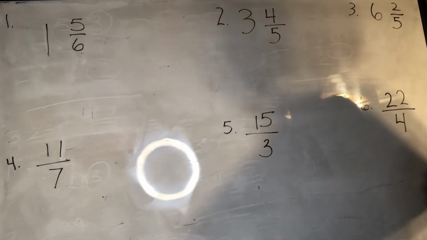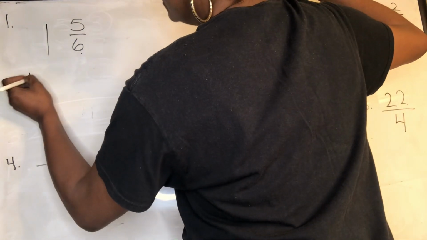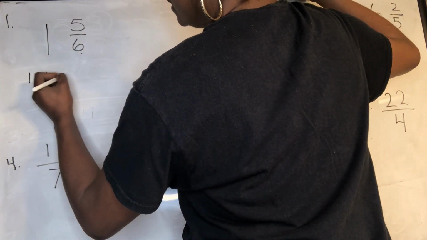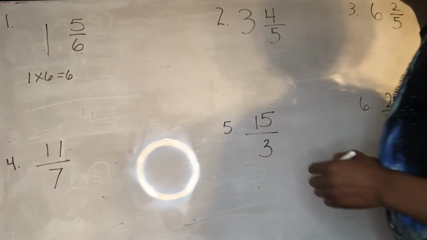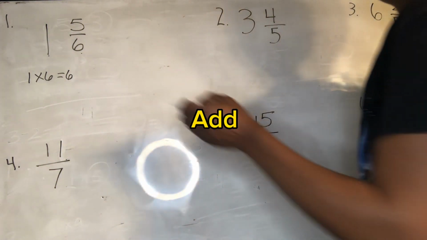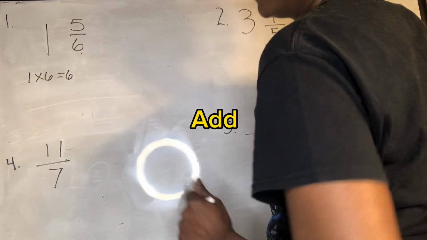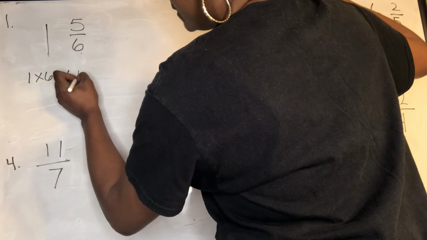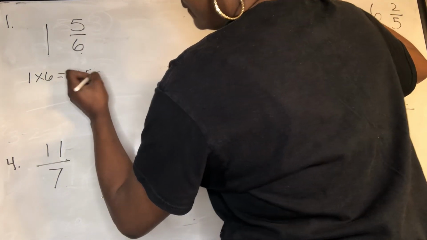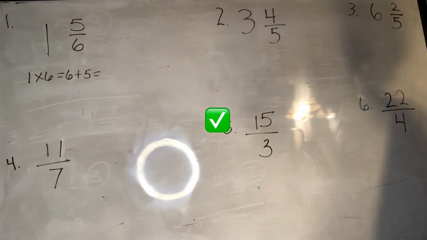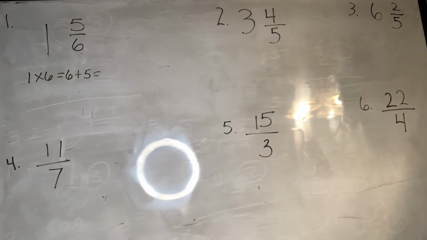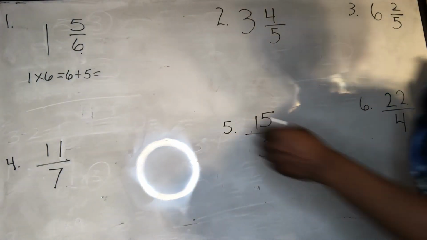Now, that's going to be 1 times 6, which is 6. Then we are going to add our numerator. So now we have 6 plus 5. So if we're at 6, we're going to count up 5. 7, 8, 9, 10, 11. So we have 11.